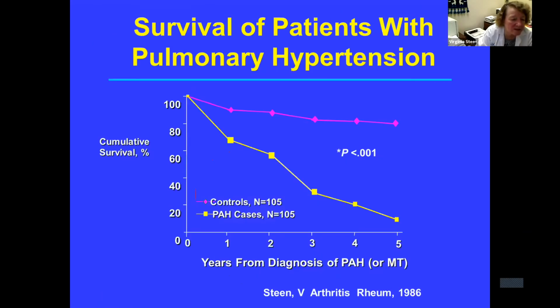So this was the story of the outcome for patients with pulmonary arterial hypertension years ago. Before we had any treatment, basically they all died, with a 2 or 3 year survival of 30%.